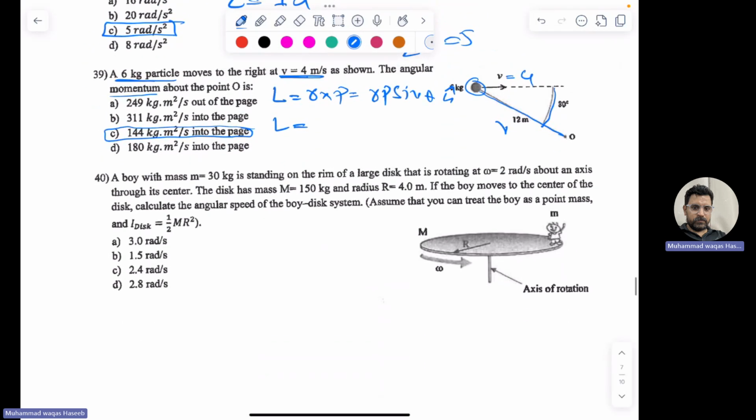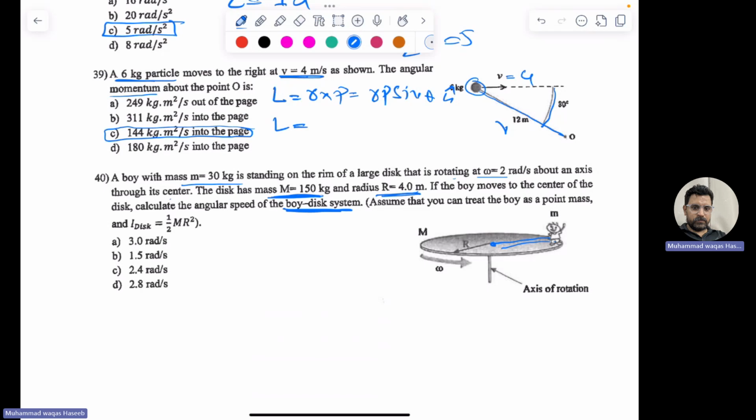Okay, the last question. A boy of mass 30 kilogram is standing on the rim of a large rotating disk, rotating with omega 2 radian per second about an axis through the center. The disk has mass 150 kilogram and radius r. The boy moves to the center. Calculate the angular speed of the whole boy-disk system.